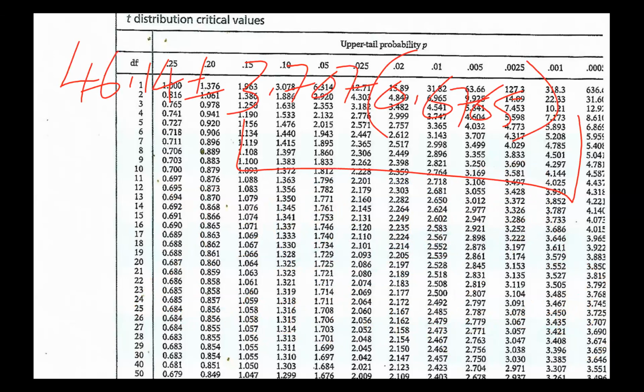This part we call the margin of error, that I've circled. It's X bar plus or minus the margin of error. The whole of that part is the margin of error. So what is the margin of error? This is 3.707 times 0.